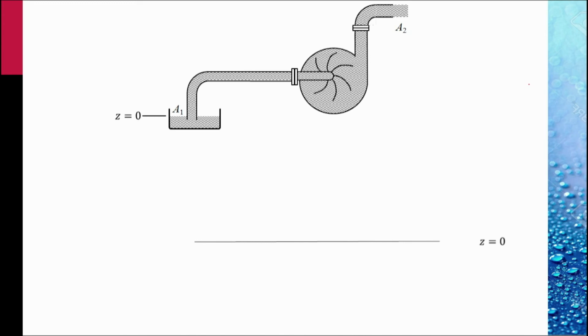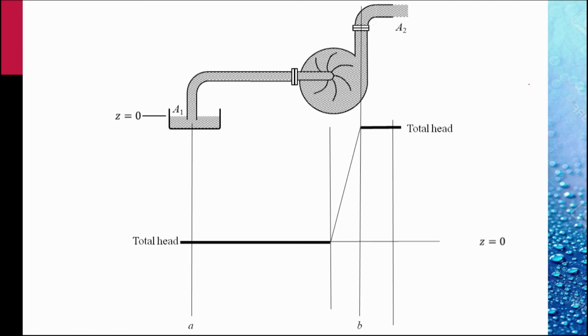Let's plot the hydraulic and the energy grade line. Let Z equal to 0 represent the datum. Then the total head. Total head up to the inlet is constant and is 0, because at 1 the pressure is 0, Z elevation is 0, the velocity is 0.